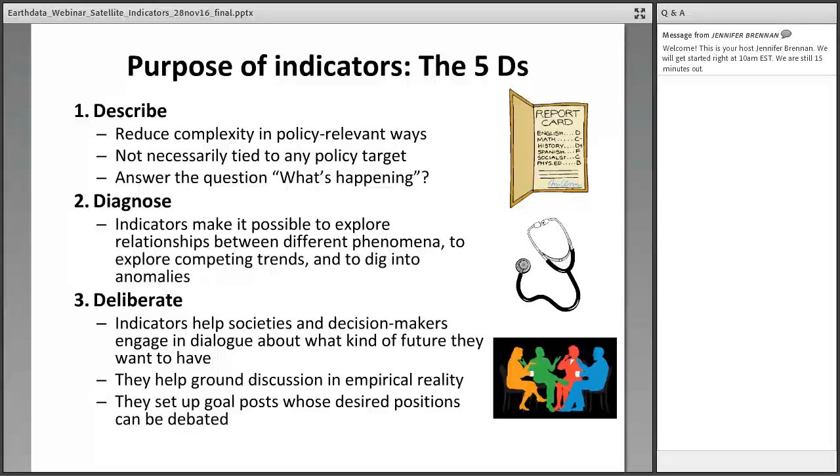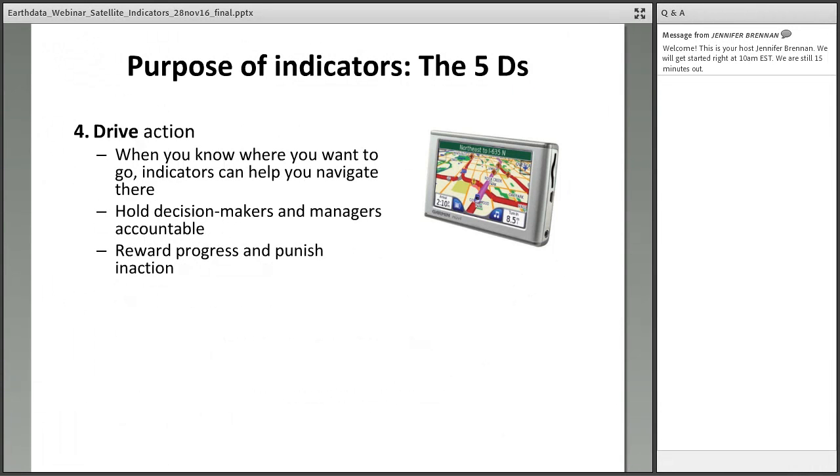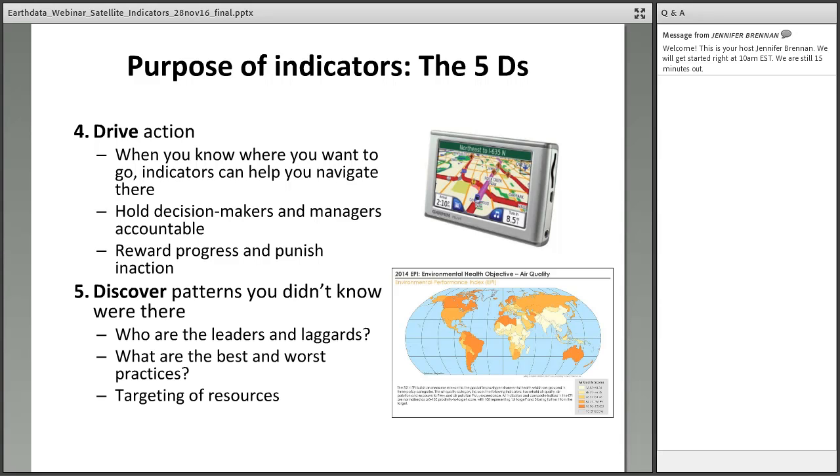They ground the discussion in empirical reality, and they help set up goalposts, which relates to the next D, which is for drive, driving action. Basically, if you know where you want to go, indicators can help you get there. They can help hold decision makers and managers accountable, and they reward progress and can punish inaction where that needs to happen. And finally, indicators help us to discover patterns that we didn't know were there.